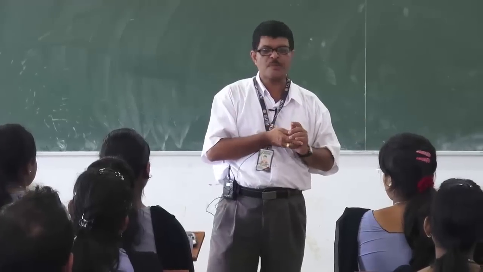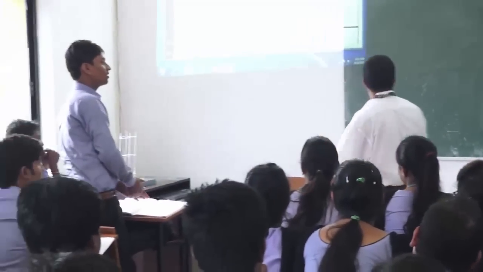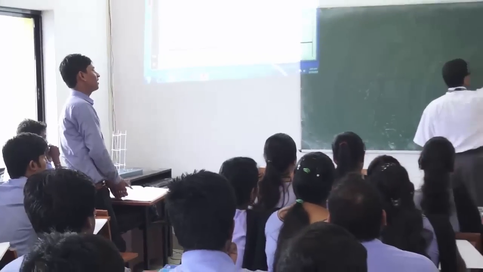So what are the different shapes of columns you have seen? Anybody? Rectangular, square.